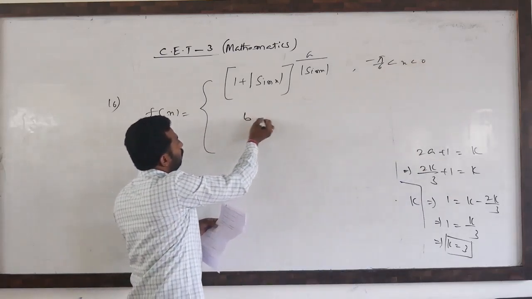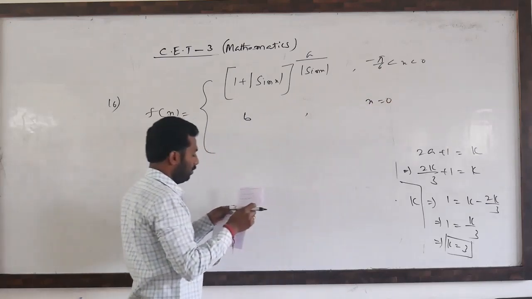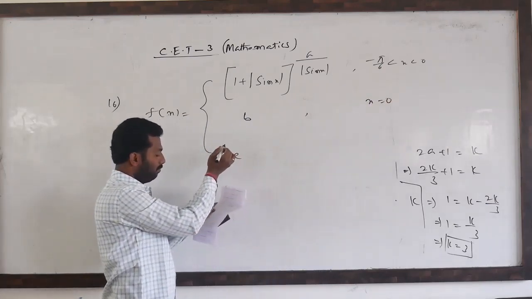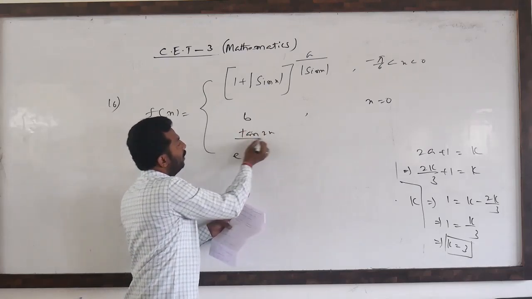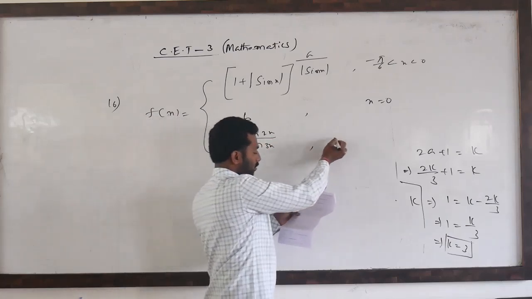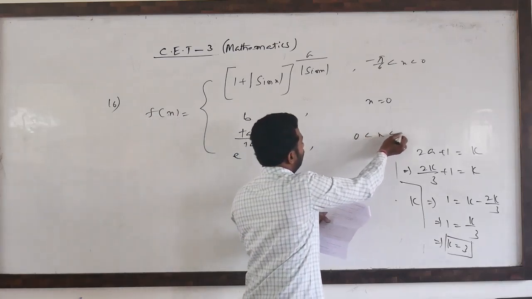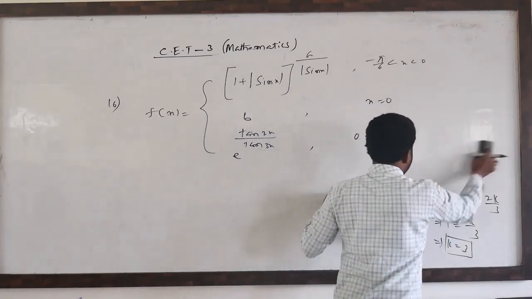Its value is b whenever x equal to 0. This is e to the power tan 2x divided by tan 3x whenever 0 less than x less than pi by 6. So like this they define.